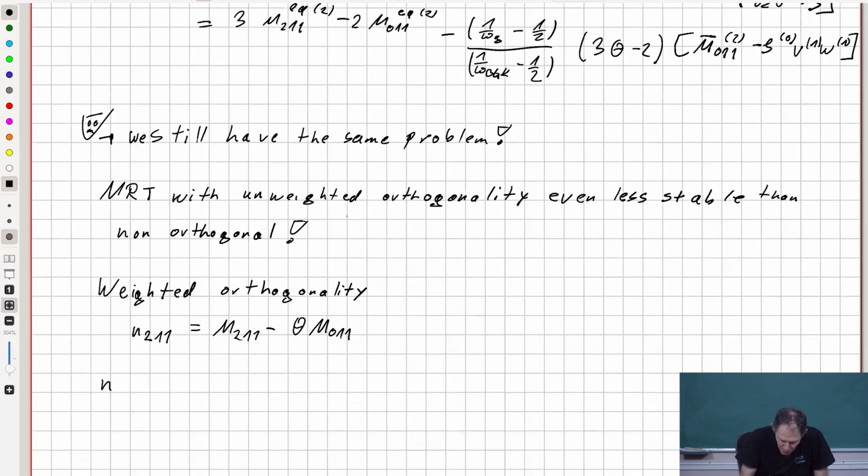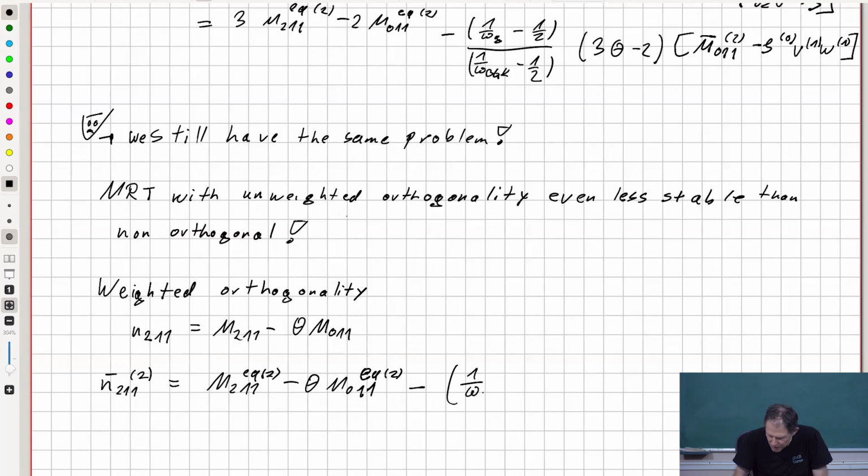So this moment, M211 over bar to second order, now is M211 equilibrium to second order minus theta M011 equilibrium to second order minus 1 over omega ghost.